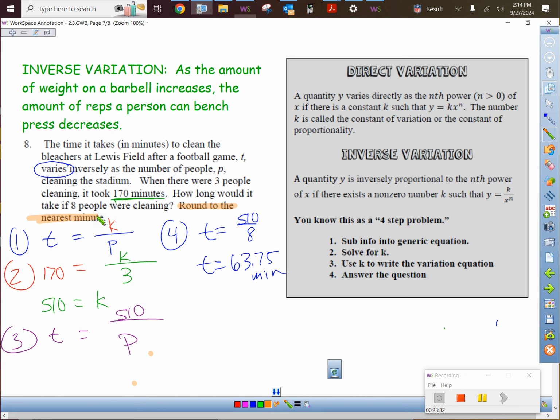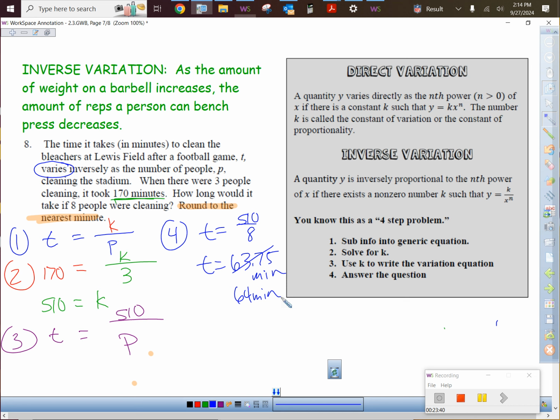So would that take 63 minutes or 64 minutes? 64 minutes. Again, that's assuming that everyone does their equal part, and it's just a made-up story that makes a whole lot more sense in a realistic situation that says, hey man, the more people that help, the less time it's going to take. You know, that's an inverse relationship.